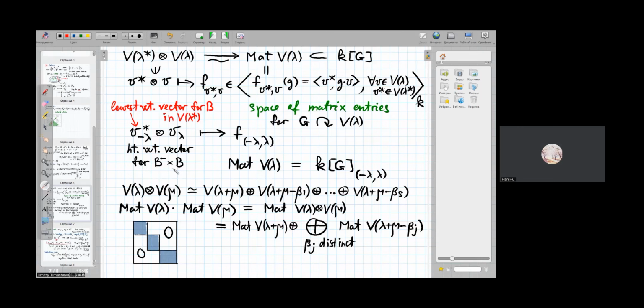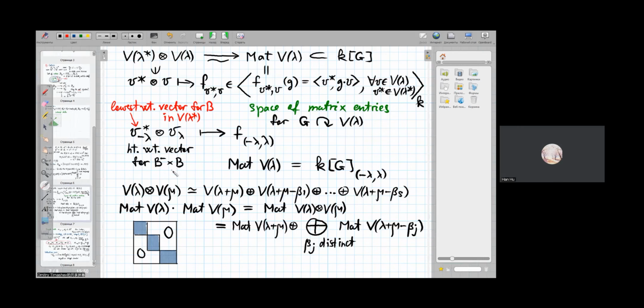This involution can be written explicitly. If you know the representation theory of reductive groups, you can say that this involution star is given by taking the action of the longest element in the Weyl group and taking minus. So you apply the longest element in the Weyl group to lambda and then take the opposite weight. This is exactly the star map.